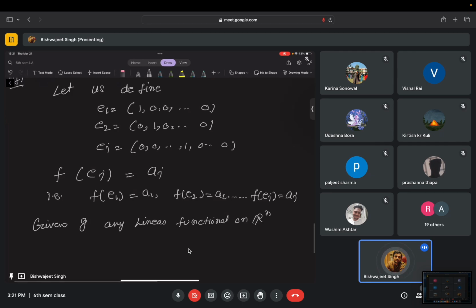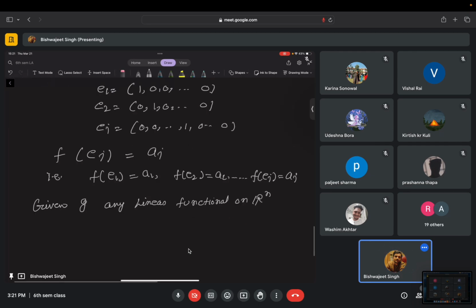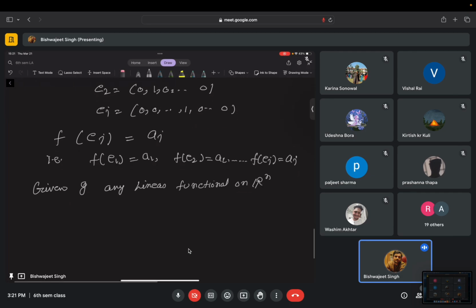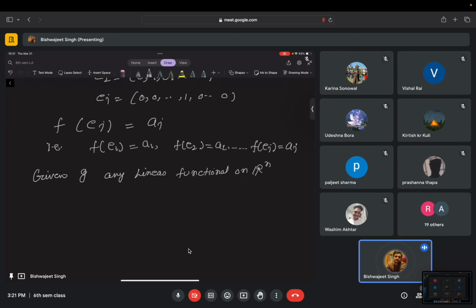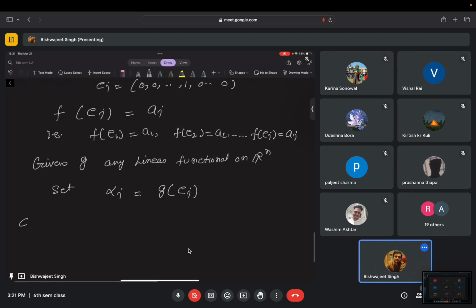The basis for Rn, we know, is e1, e2, up to en. So let us define g of ej to be aj, as we just did with f. So the claim is that g of x equals alpha 1 x1 plus alpha 2 x2 up to alpha n xn, where x belongs to Rn.